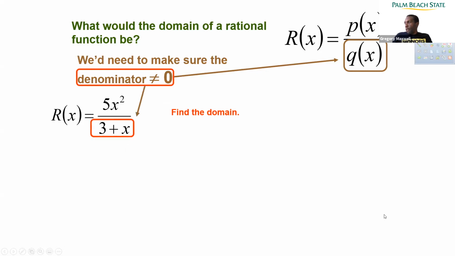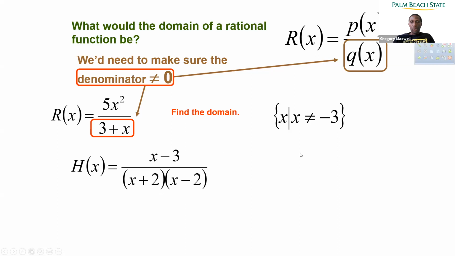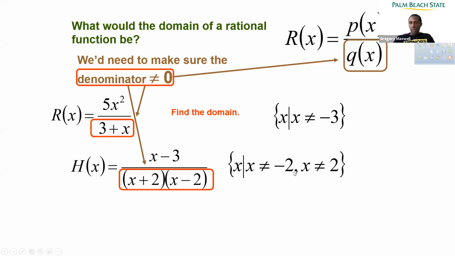To find the domain of a rational function, just find all values of x that make the denominator equal to 0 and throw those out. So the domain is every number except for -3, or in interval notation, -infinity to -3, union, -3 to infinity. In this case, the domain would be everything except for -2 and +2. All right, and you can do the interval notation for that.